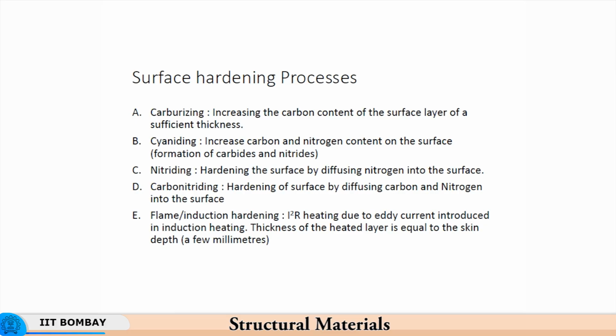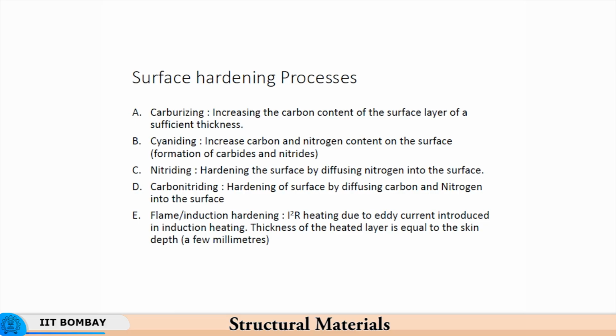Cyaniding involves increase in carbon and nitrogen content on the surface, basically to form carbides and nitrides. So, it is important that the chemical composition should have carbide formers as well as nitride formers. So, you have carbide formers in the form of iron, you have tungsten, you have molybdenum.